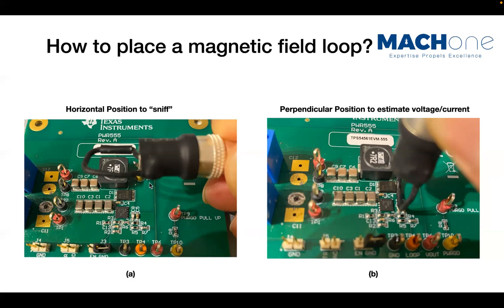So what you do is you just move the probe over the top of the PCB, and then on the other side of the loop, you connect the loop to a spectrum analyzer or an oscilloscope with 50 ohm impedance, right? That's important. The loop needs to be connected to the 50 ohm impedance of the oscilloscope.